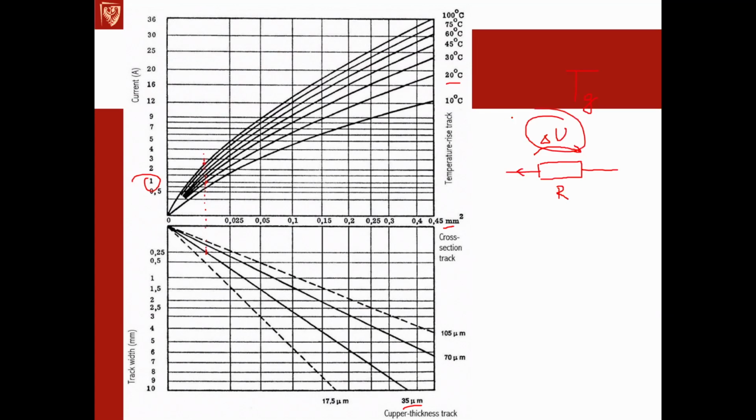Because if there is a high temperature rise of the track, there will also be a significant voltage drop on the track. It depends, of course, on the track width, but it may be not within single millivolts, but within hundreds of millivolts even at the higher temperature rises.